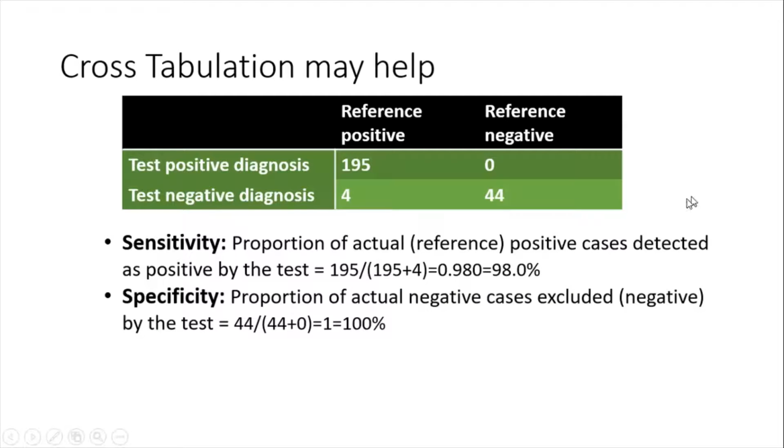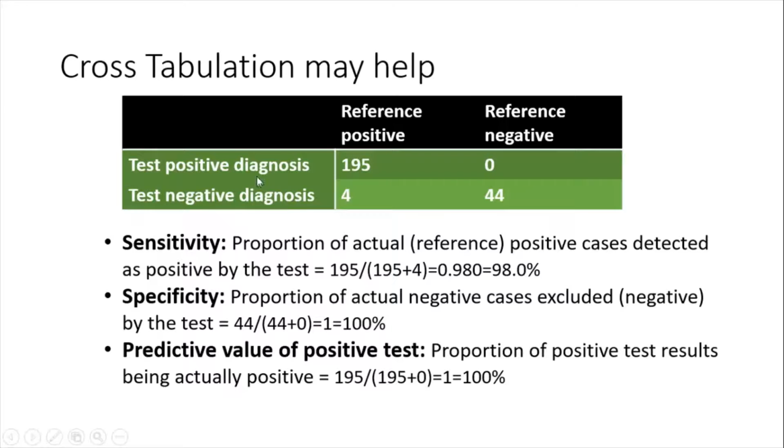Specificity would be dealing with the reference negative cases: the proportion of actual negative or reference negative cases excluded or called negative by the test. In this case, all the reference negative cases were called negative by the index test, so the specificity is 100%.